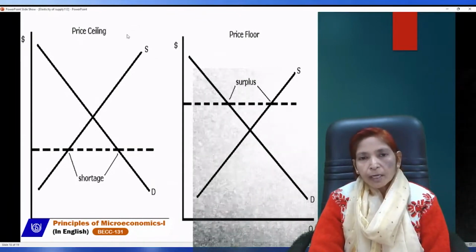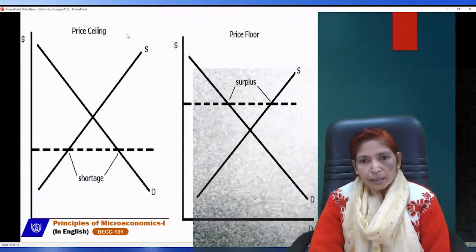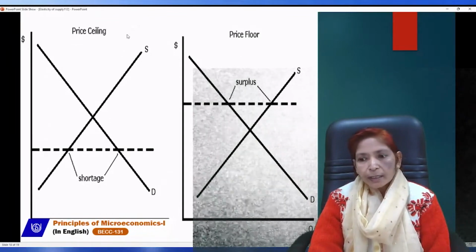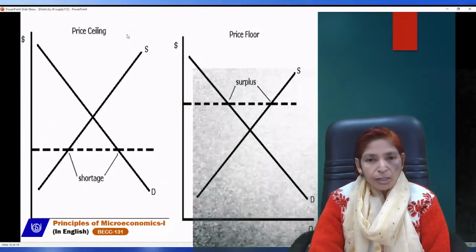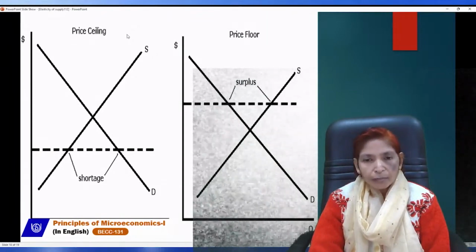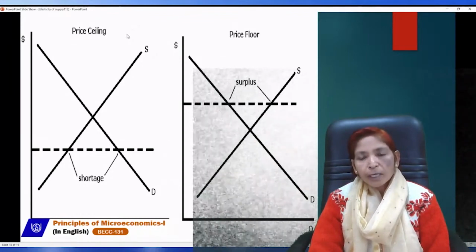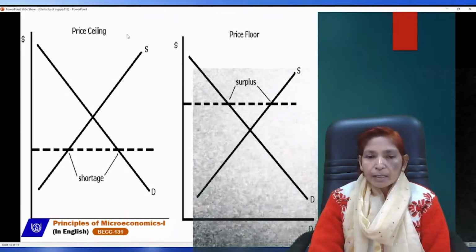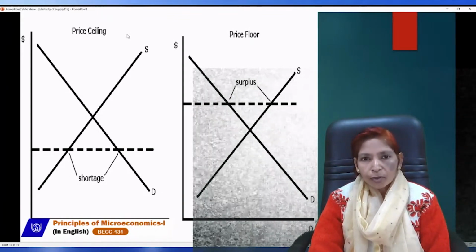And price floor: the government always provides this facility to agricultural farmers because price floor gives assurance to the farmer that at least this much price the farmer should receive for the production of their crops. Otherwise, their income will fall and their condition will drastically worsen. So if the government increases the price and keeps the price always above the equilibrium price, that is called price floor.